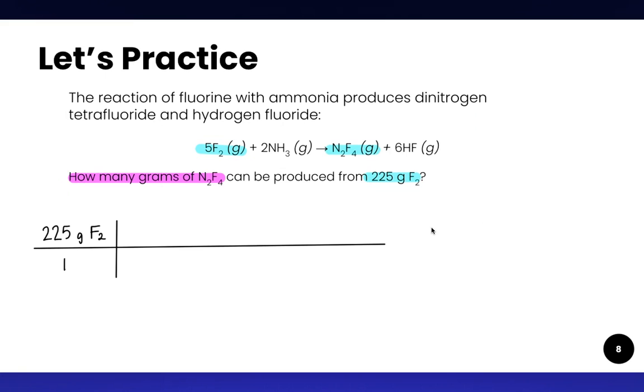Okay, so right now it's in grams. We'll need to use the molar mass of fluorine from the periodic table to calculate how many moles of fluorine are in 225 grams. So the molar mass of fluorine is 19 grams per mole, and we have a fluorine molecule, so we'll need to multiply that by 2 and put that value on the bottom so it will cancel.